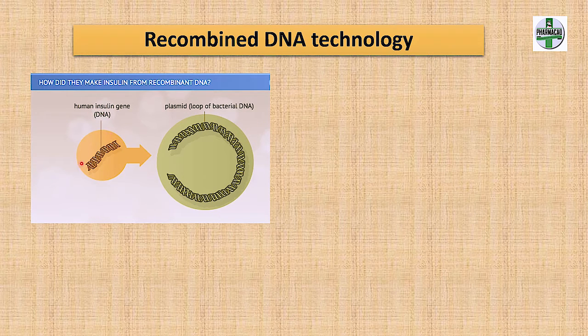We will cut that particular fragment from the human DNA and insert it into a bacterial DNA, and once we insert it, the bacterial DNA will keep on replicating. Once this replicates, a large quantity of insulin will be produced.